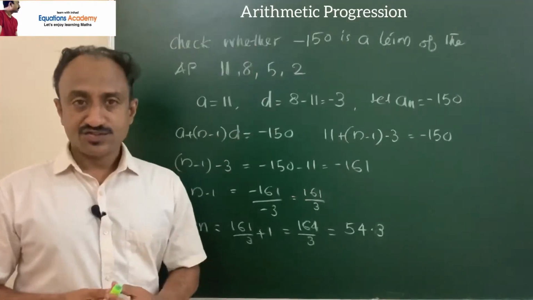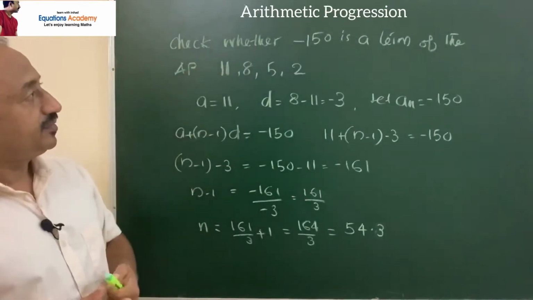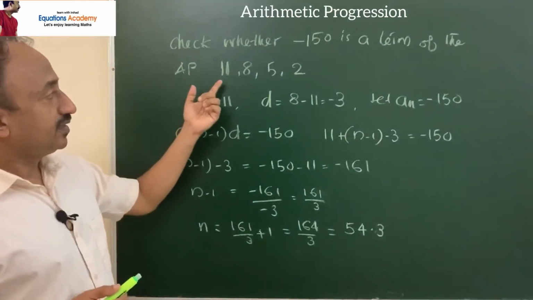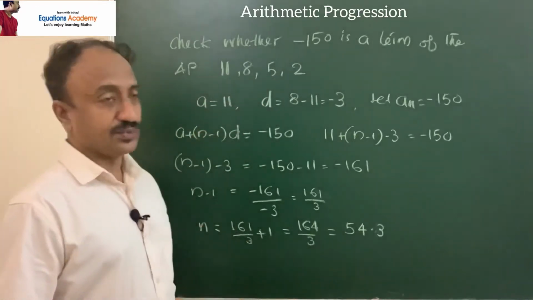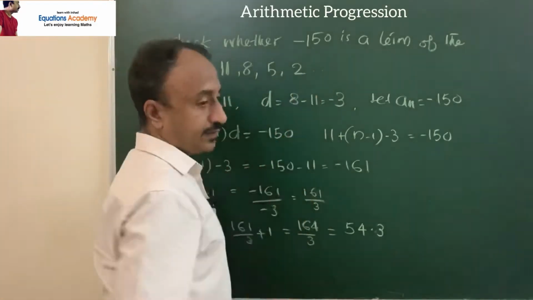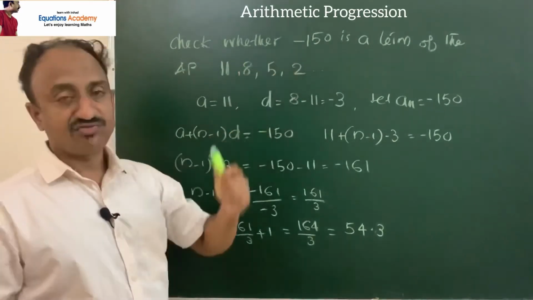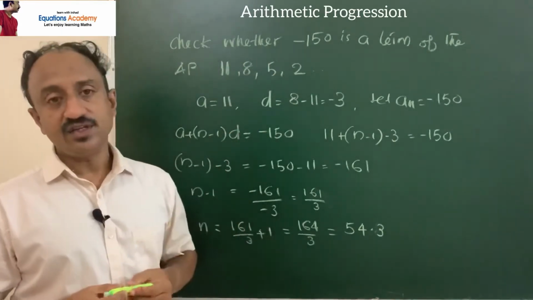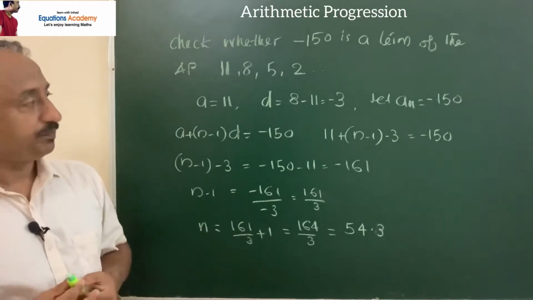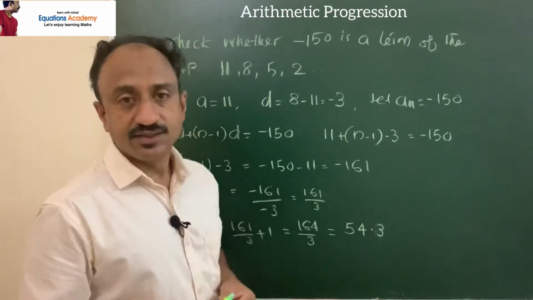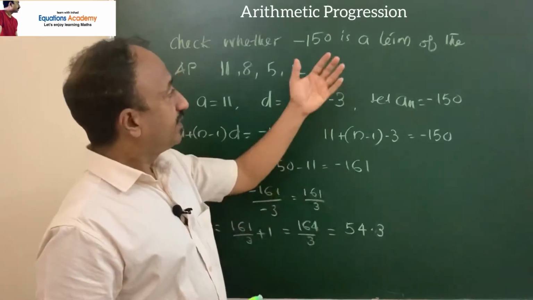Clear? Next question is, check whether minus 150 is a term of the AP 11, 8, 5, 2, etc. We have to check minus 150 is a term of the given AP. For that, we will assume the nth term be minus 150.